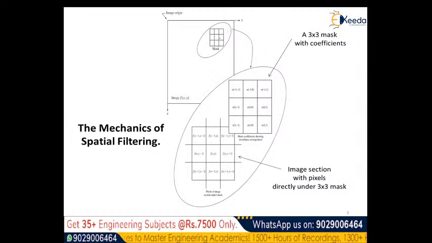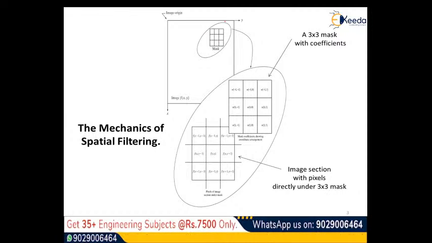The pixel under consideration is at the center, and with respect to the central pixel, the neighboring pixel intensities are taken into consideration. This forms a neighborhood centered at the pixel under consideration.